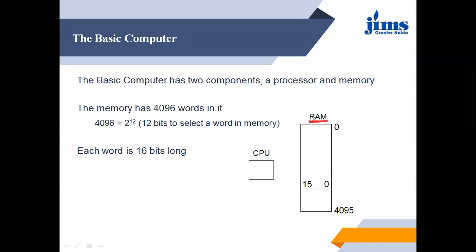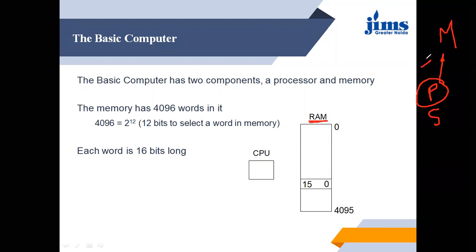Keep this in mind, because memory is of two types: first is primary memory and second is secondary memory. Primary memory we say is memory only. So this is wrong.